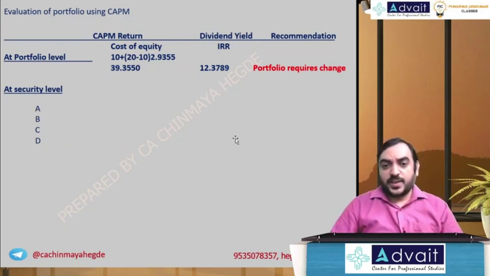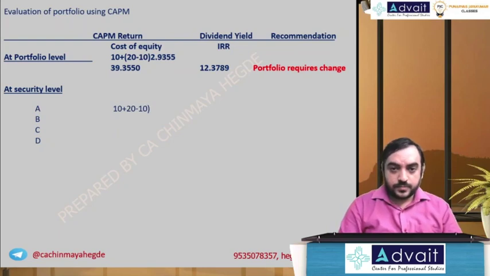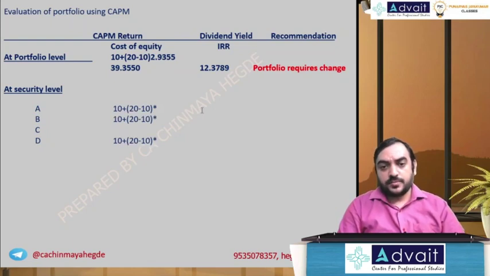Okay, let's quickly calculate CAPM return. Everywhere only beta will change. So 10 plus 20 minus 10 into beta, only beta will change. So other things, let me just copy down quickly.